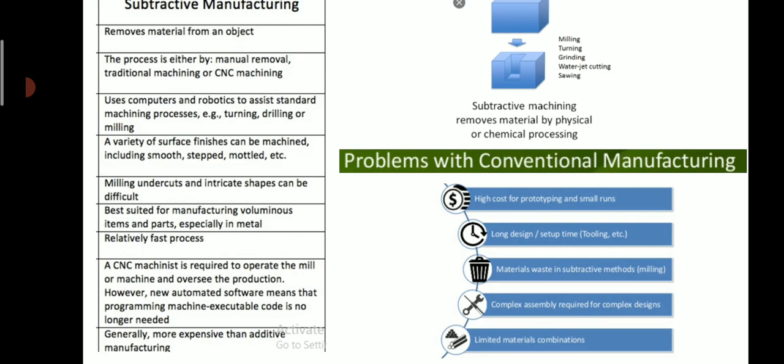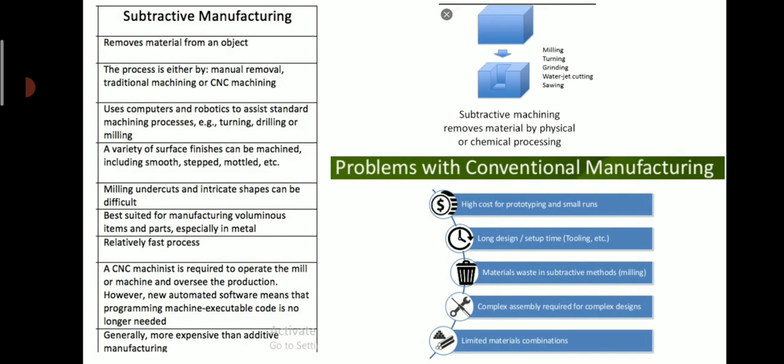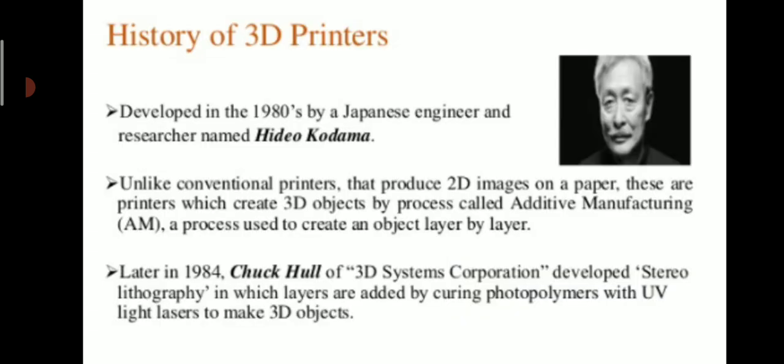After that, there is the use of 3D printers or 3D printing technology. 3D printing technology is also called additive manufacturing. 3D printers were developed in the 1980s by Japanese engineer and researcher Hideo Kodama.